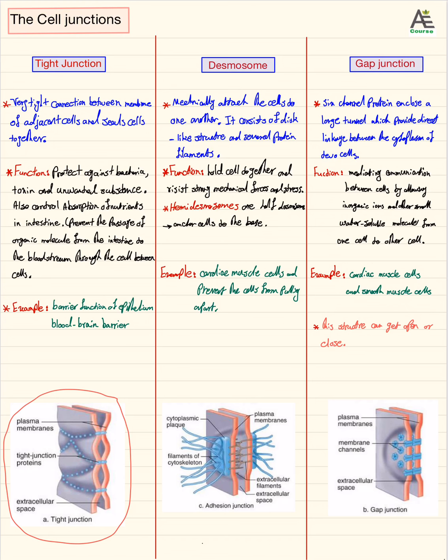One of the important functions is protection against bacteria, toxins, and any unwanted substance. It is also important for controlling and coordinating the absorption of nutrition in the small intestine.